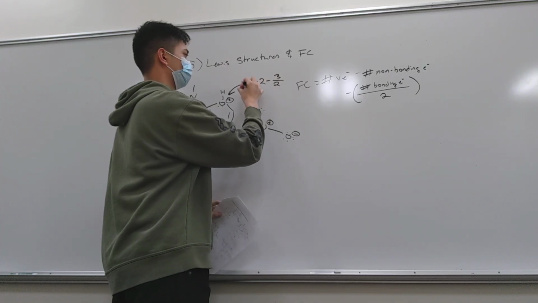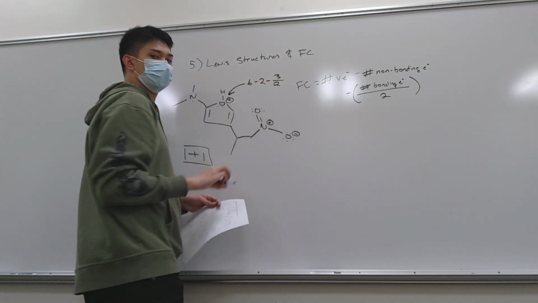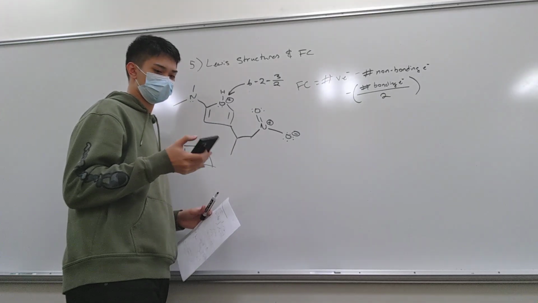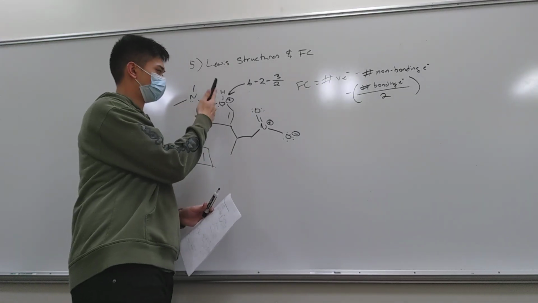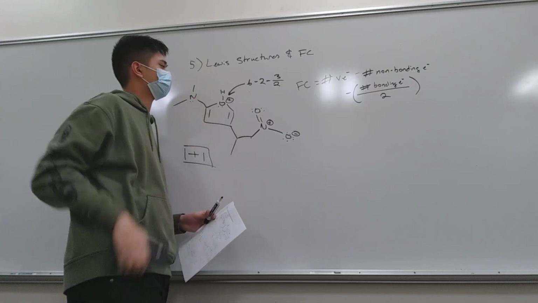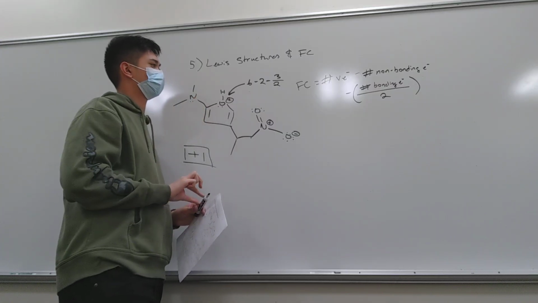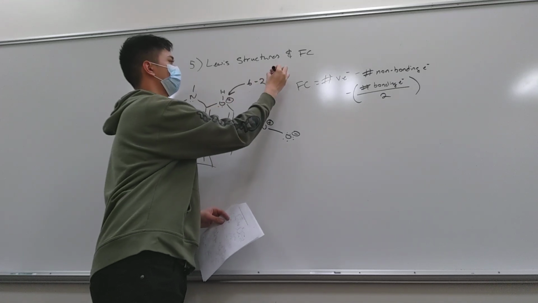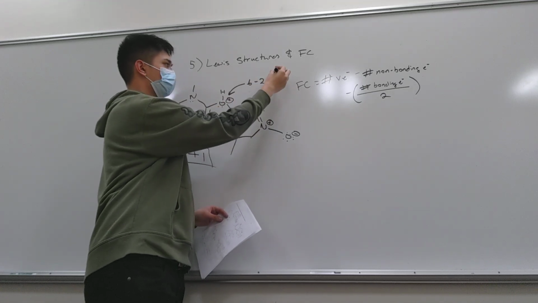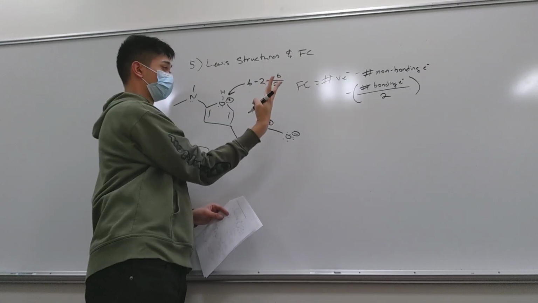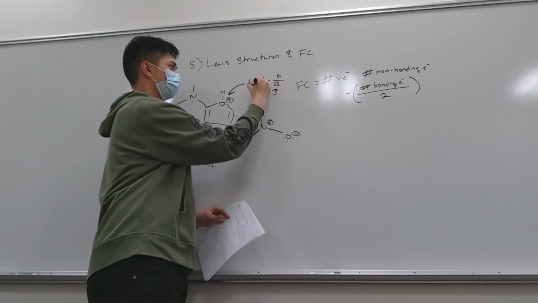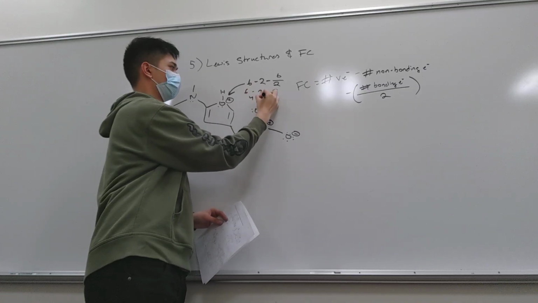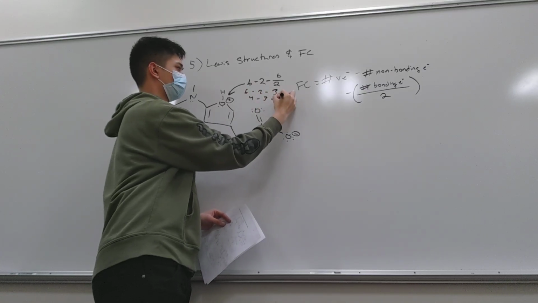And that gives us, wait, that's 4. I need my calculator. Let me see. 1, 2, 3. I guess actually, because it's bonding electrons, so it's 2, 4, 6. Yeah, I believe it would be 6. So this would be 4, 3. Minus 2 minus 6. 6 minus 2 is 4 minus 3 is equal to +1.